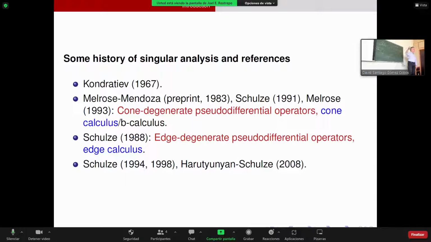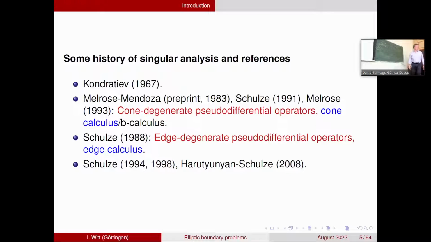So that I don't have to say all the time which result belongs to whom, I say it just in the beginning. The whole thing started with a paper by Kondratiev in '67, on boundary value problems for elliptic equations with conic points of the boundary.